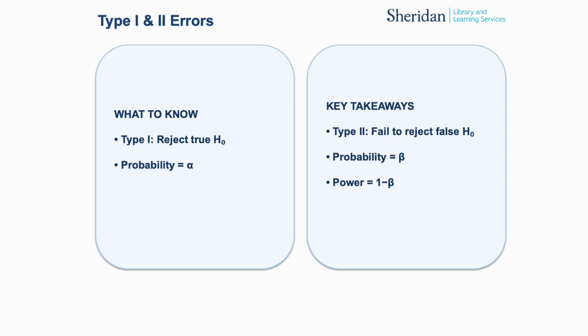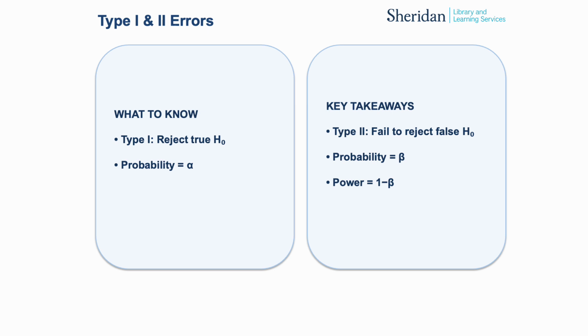If we incorrectly conclude that the products do not meet those standards, even though they actually do, there would be a type 1 error. The probability of making a type 1 error is represented by alpha, which is also the significance level that we choose before conducting a test. This is one reason why choosing alpha is very important.